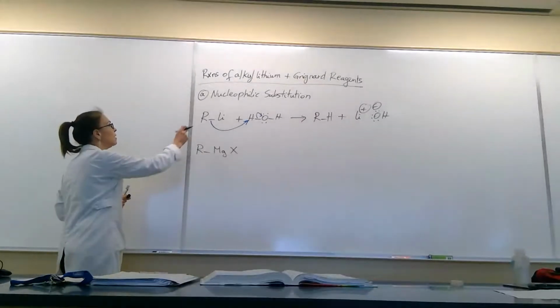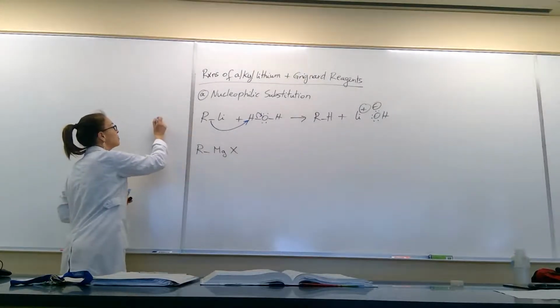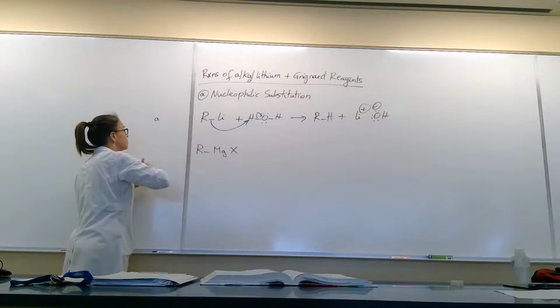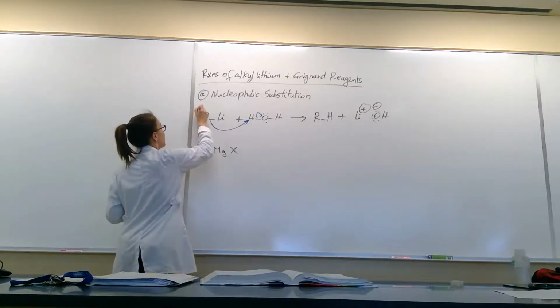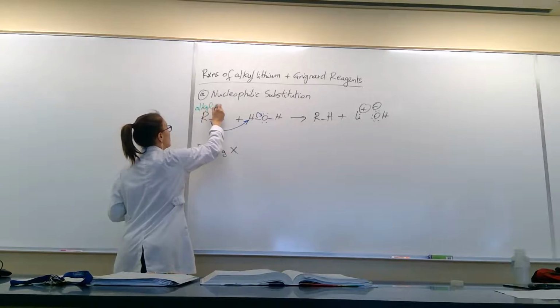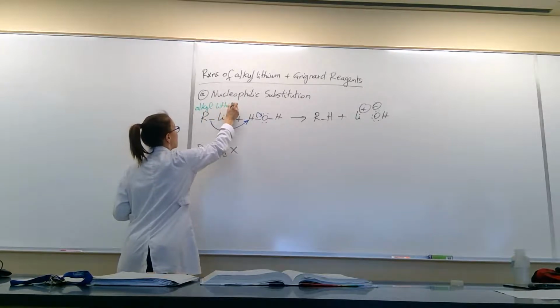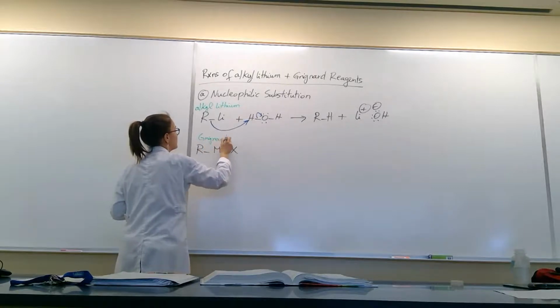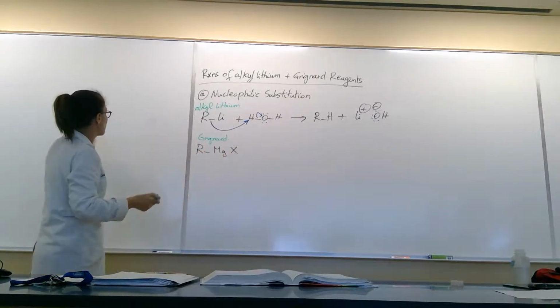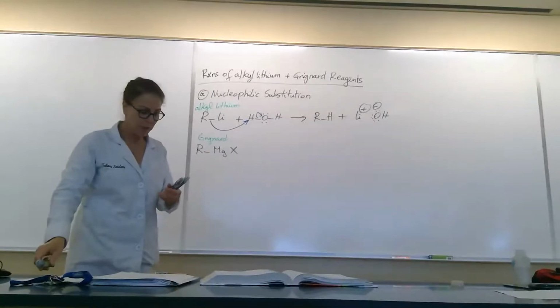So this is alkyl lithium, so you know what we're talking about. This is an alkyl lithium, and this is a Grignard. So I'll put how to prepare them here. Let me just put this one.